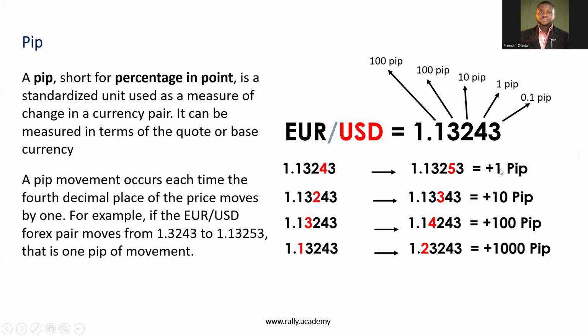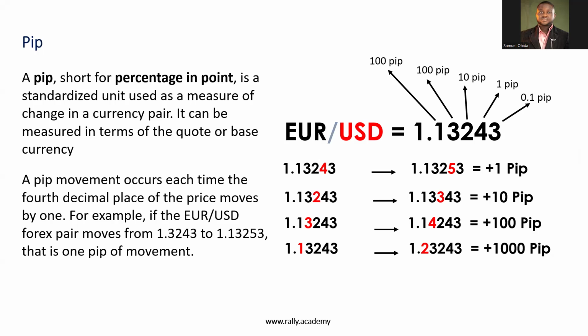That is why plus 1 pip here gives us 1.13253. Plus 10 pip here means that we are adding 1 to 2 and 0 to 4, ignoring the last digit, which stands for point. So when we are calculating PIP, we are focused from the fourth digit forward. We're not concerned with the last digit, especially when we are working with 5-digit pairs.